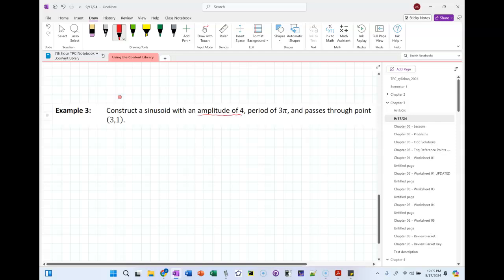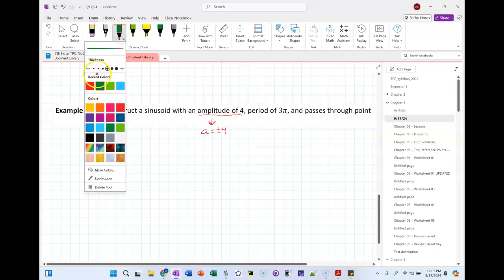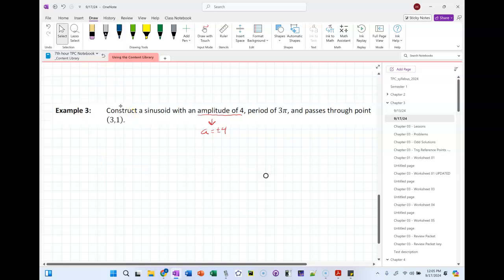What's the amplitude of 4 going to tell me? That you go up and down from the midline, 4 above, 4 below. Good. But in terms of writing the equation, which is what I want to do, it tells me the a is plus or minus 4. You're correct on that, but the goal is to write the equation, right?